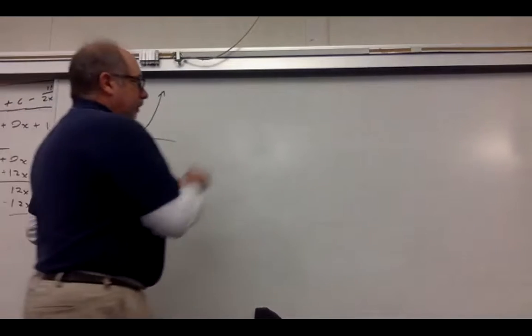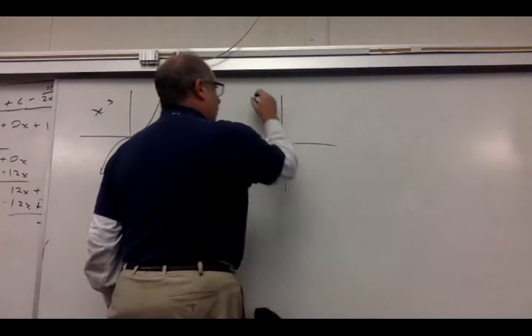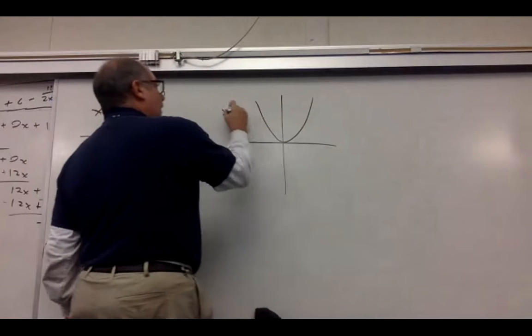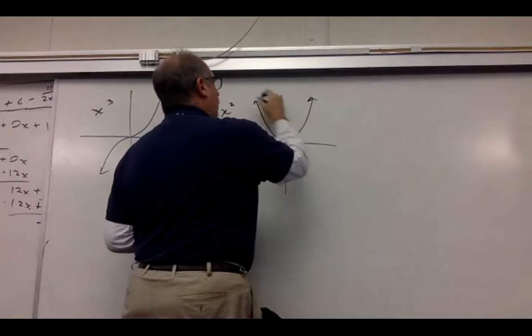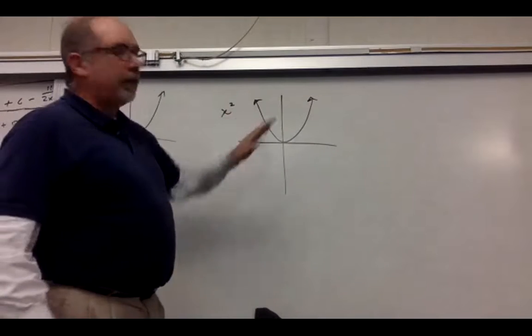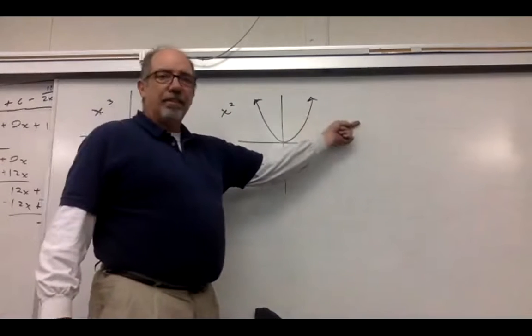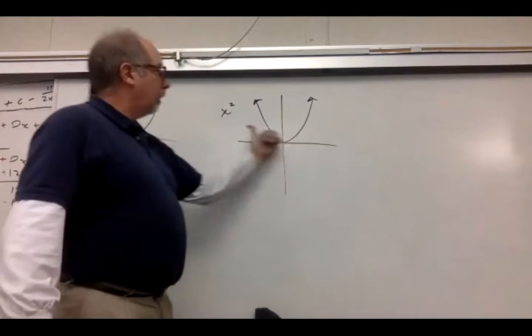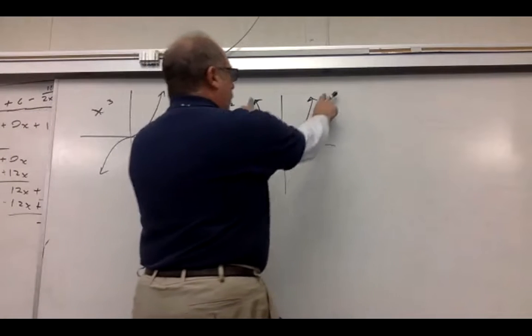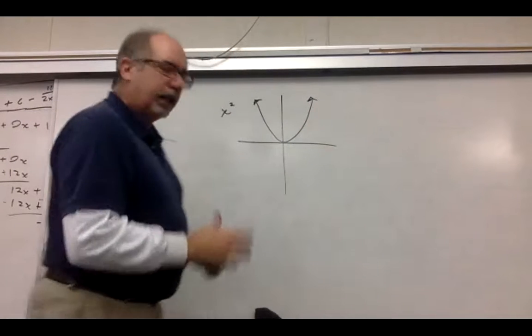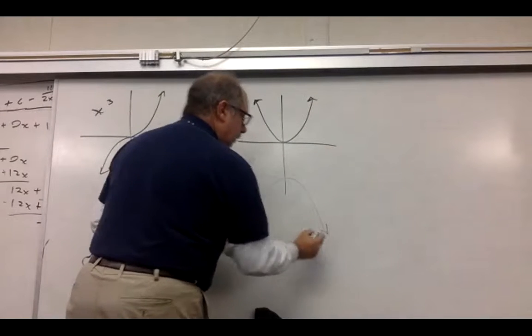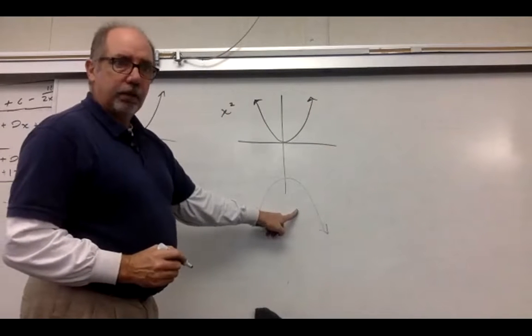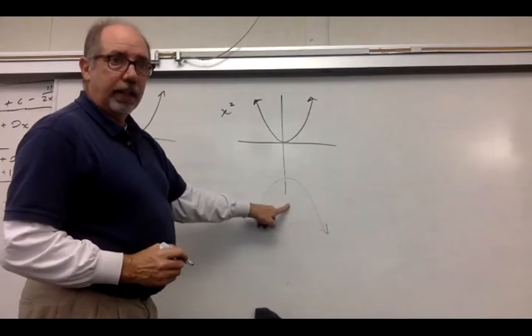All even degree functions, the smallest of which is a parabola, are going to go the same way, whether x is going positive or x is going negative. Either it's both going to go up or both going to go down. If it goes down, that means the leading coefficient is negative.